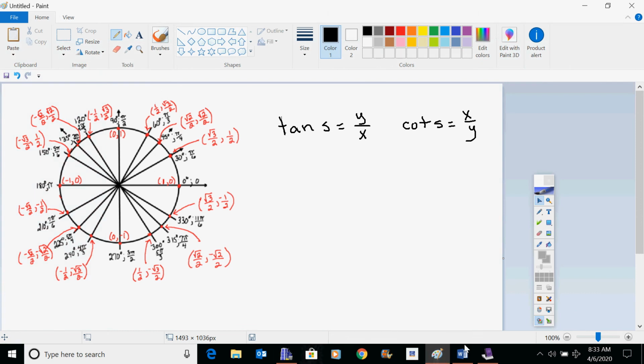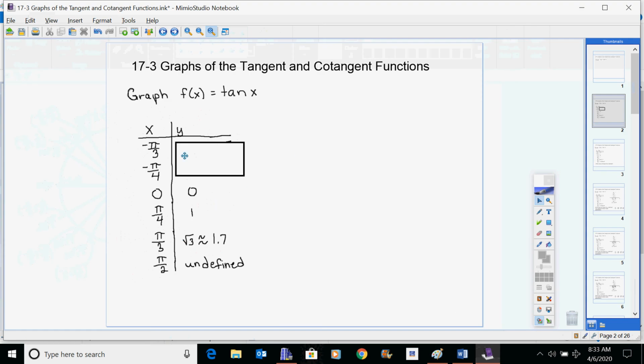Well, that's all interesting. And in terms of when you want to turn this into a graph, we have our x and our y, which is different than our x and y values in the unit circle that we use to find these numbers.